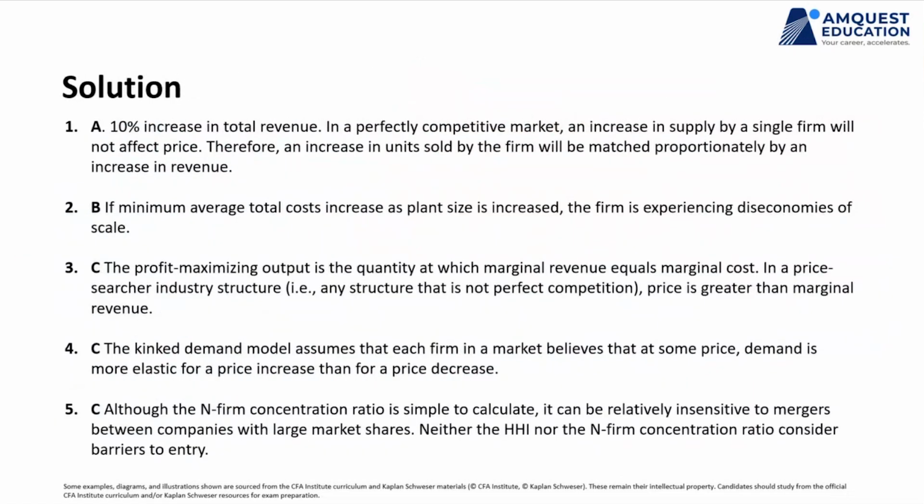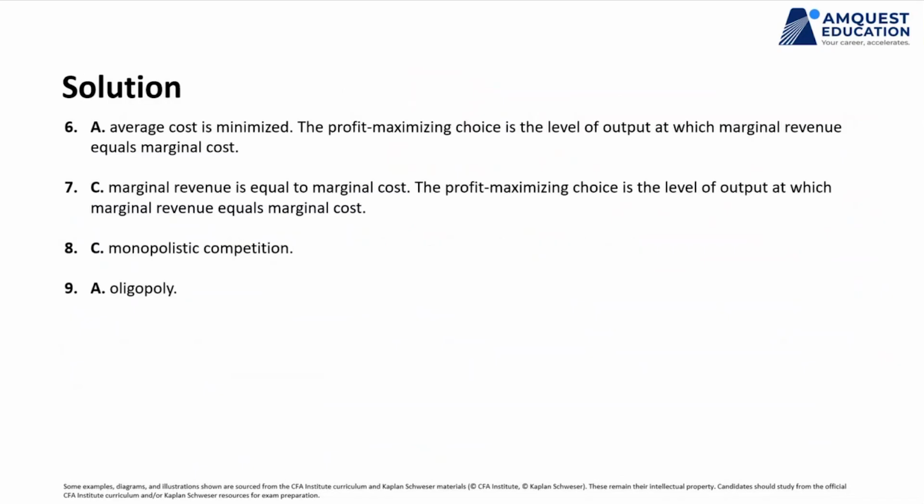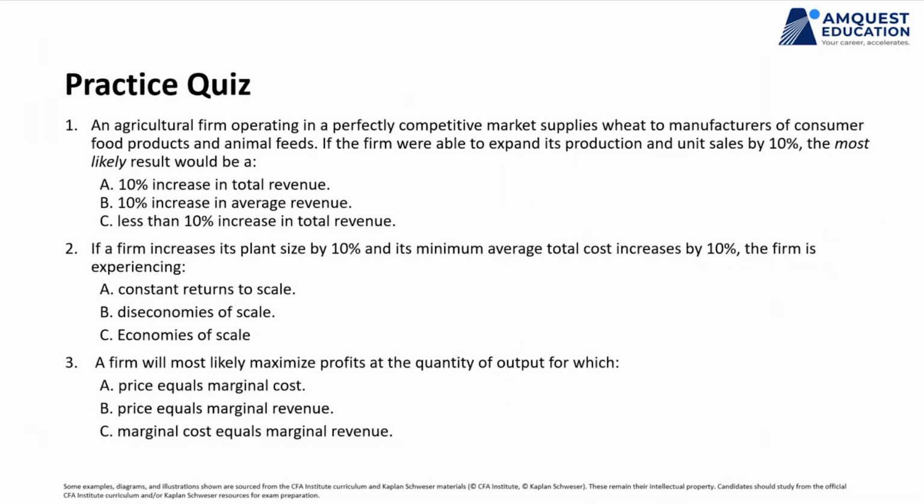Okay, we'll just quickly see a few quiz questions rather than this side. An agricultural firm operating in a perfectly competitive market supplies wheat. If the firm were able to expand production by 10%, what will be the result? So remember, it's a perfectly competitive market, right? And they're increasing the sales by 10%. So what will happen to the total revenue? Will it also go up by 10%? Or will the average revenue go up by 10%? Or will the total revenue increase be less than 10%?